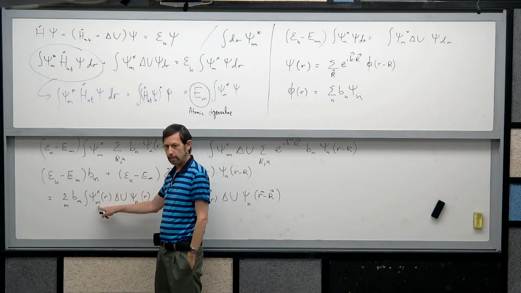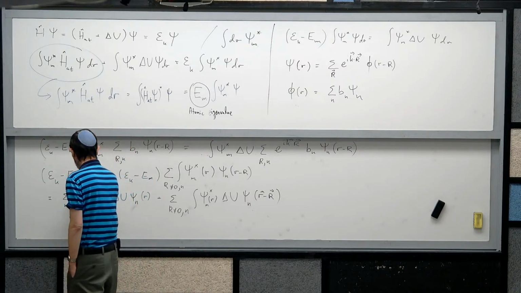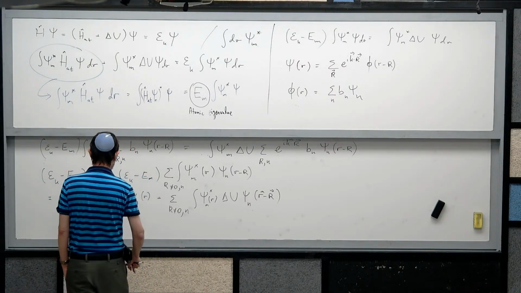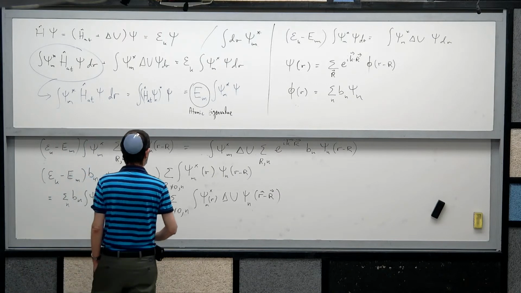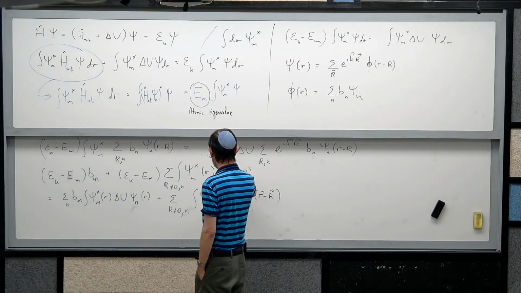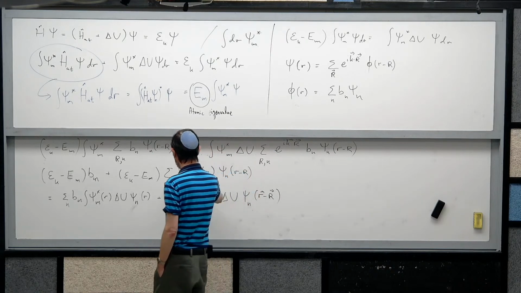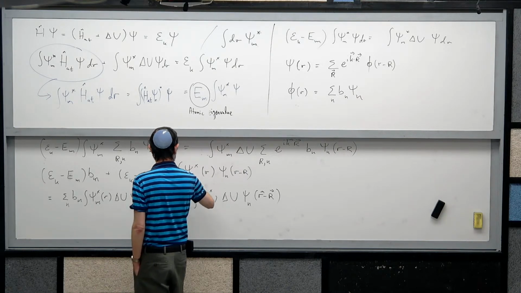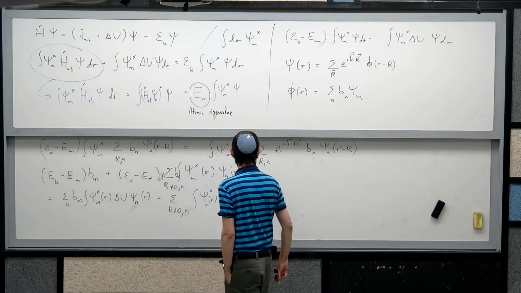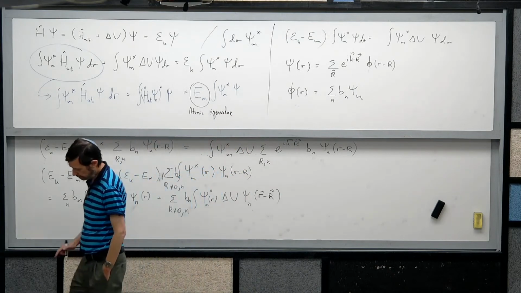Let's look at this. These should be n's. N. Okay, someone says that I missed something else here.